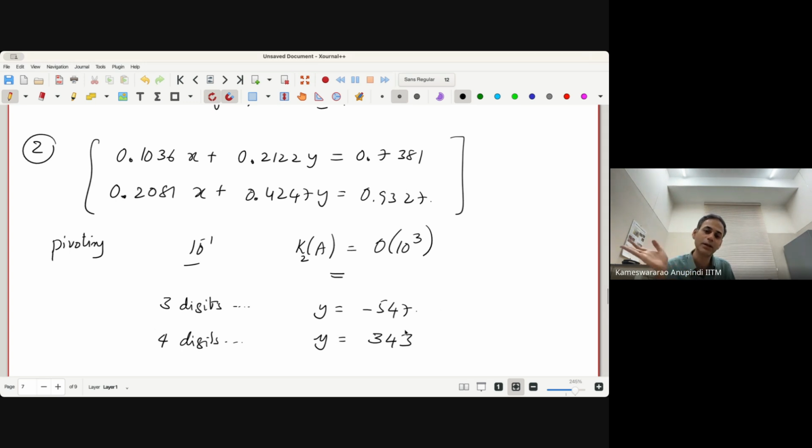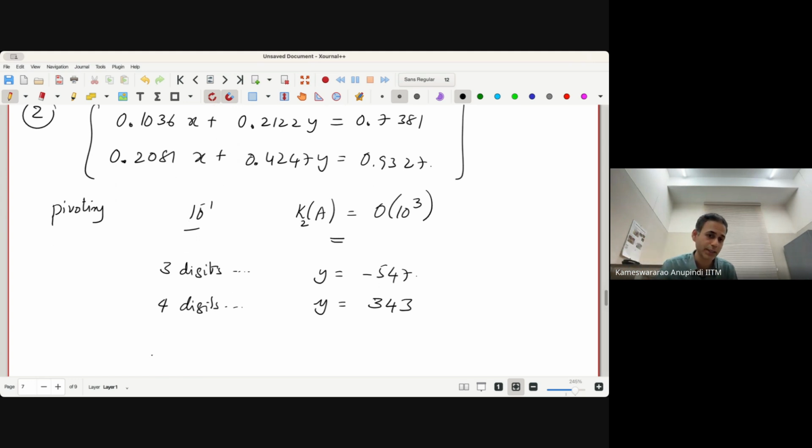This is completely different compared to minus 547. We are switching from minus 500 to 340 with just one more digit. And if you do it with 10 digits, the y value actually comes out to be close to 346. This is not too bad compared to 4 digits, but it is still somewhat different.